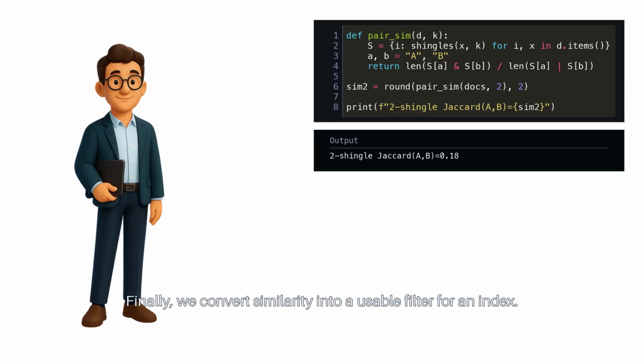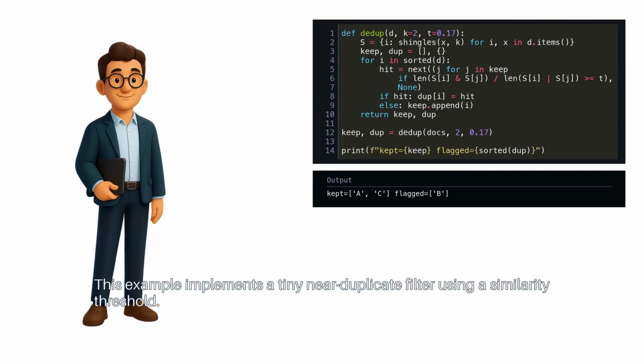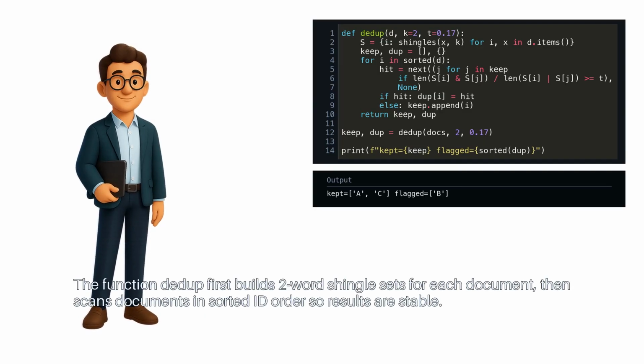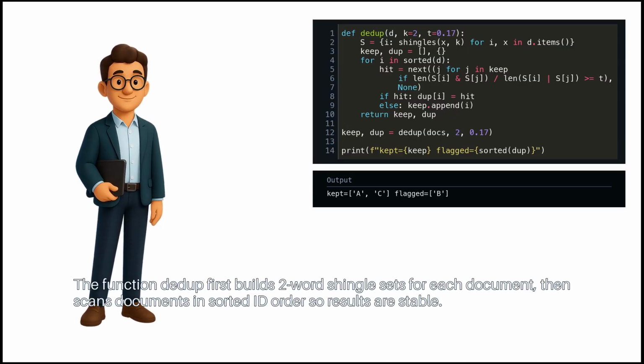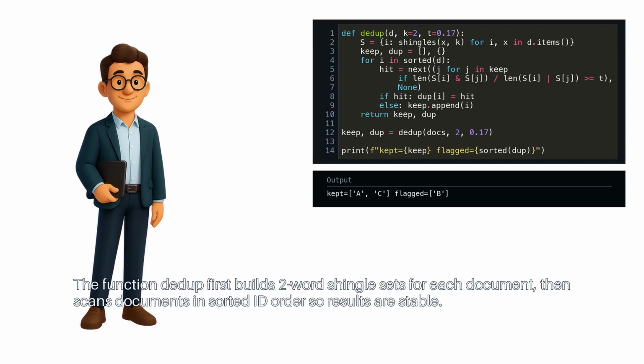Finally, we convert similarity into a usable filter for an index. This example implements a tiny near duplicate filter using a similarity threshold. The function dedup first builds 2-word shingle sets for each document, then scans documents in sorted ID order, so results are stable.